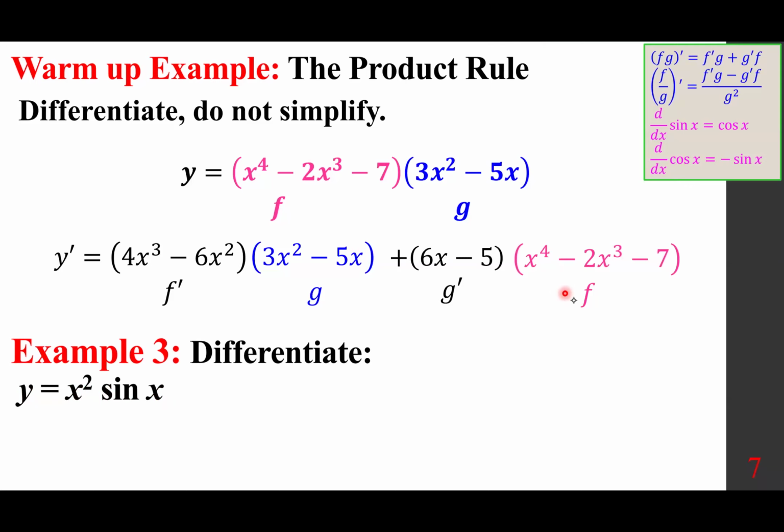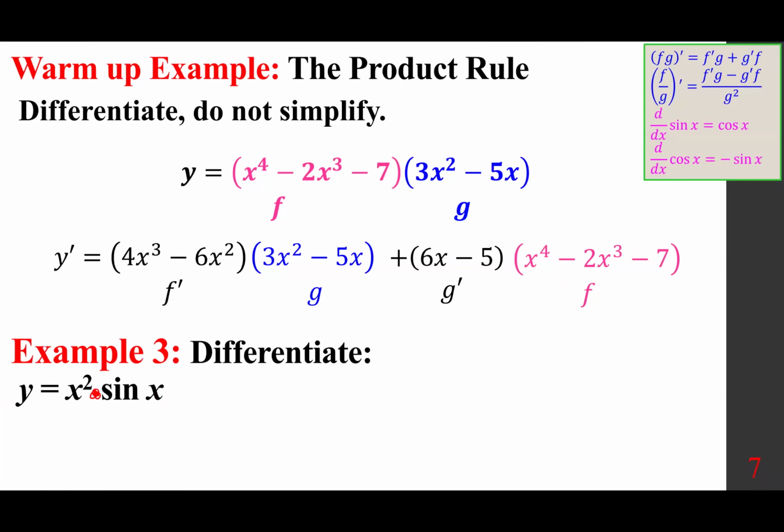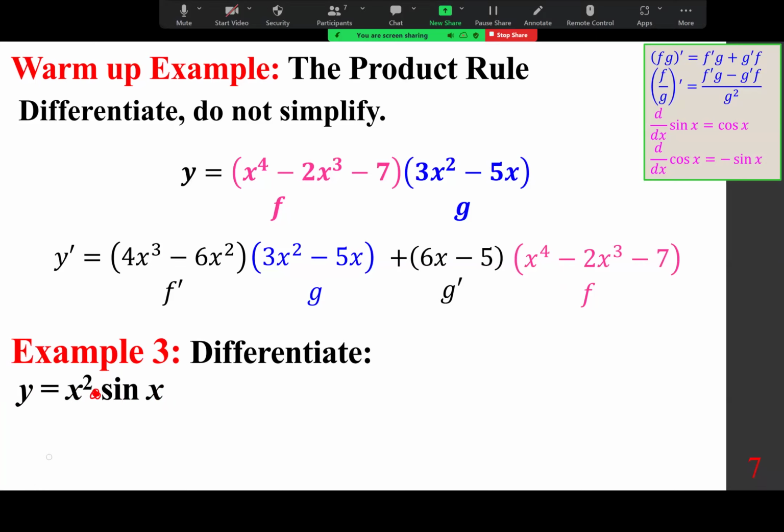Differentiate y equals x squared sine x. Notice I put a raised dot in between and make sure everybody realizes this is using the product rule, and I'm going to call this f times g function.